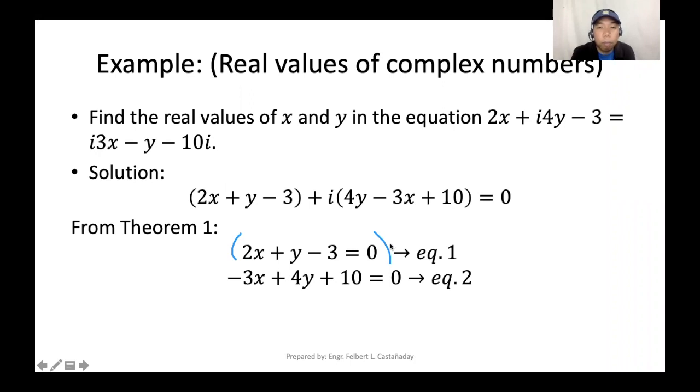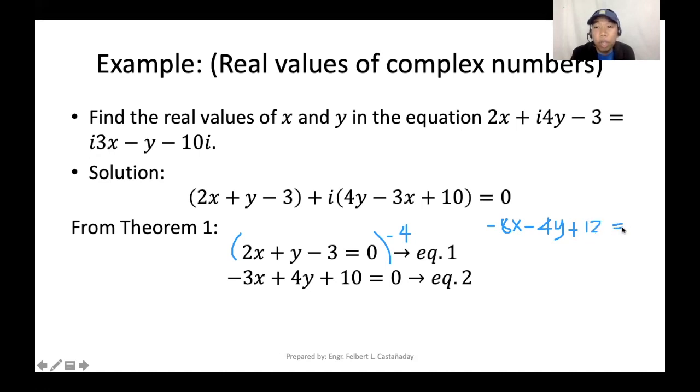So I'll be multiplying negative 4 in equation number 1, and then add equations 1 and 2. Multiplying the entire equation 1 by negative 4, this will become negative 8x, this becomes minus 4y, and this becomes positive 12.